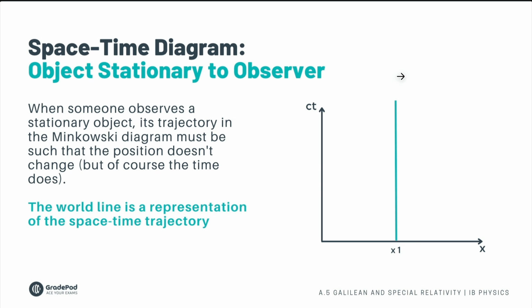So just like a distance-time graph, distance is on the horizontal axis, and the vertical axis is just like the time axis but with a scaling factor of c. If we consider a stationary object, then the position of this object with time doesn't change. So for a stationary object, we're looking at a vertical trajectory or a vertical world line on the space-time diagram. A world line is a representation of the space-time trajectory.